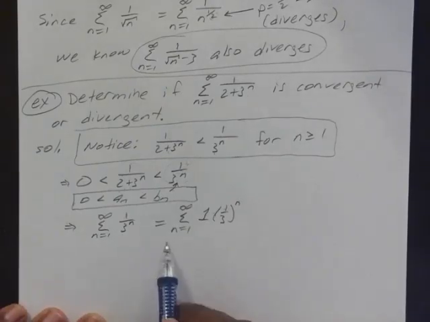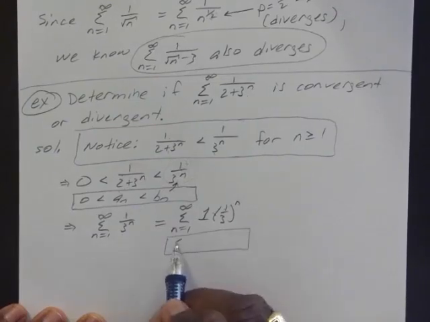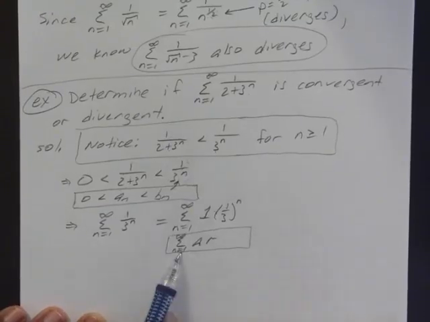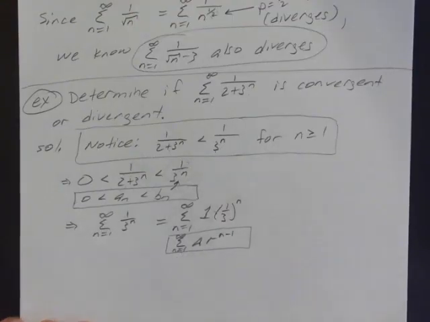So now we have it in the geometric series form. The sum from n equals 1 to infinity, a times r, but it starts at 1, so we have to put this to the power of n minus 1.